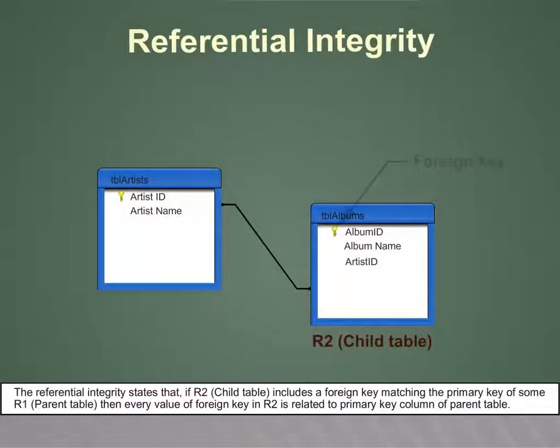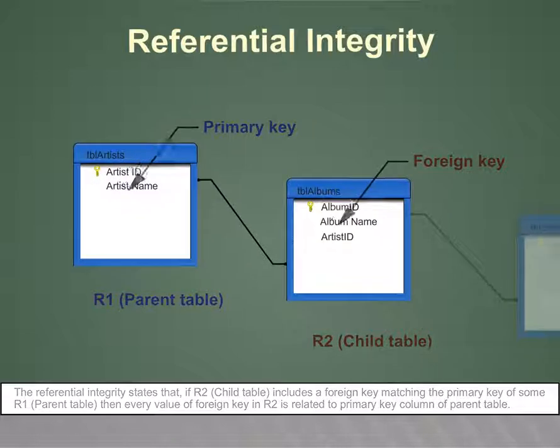Referential integrity. R2 child table. Primary key R1, that is parent table. The referential integrity states that if R2, that is child table, includes a foreign key matching the primary key of some R1, that is parent table, then every value of foreign key in R2 is related to primary key column of parent table.